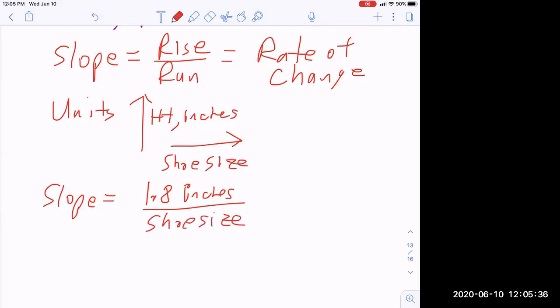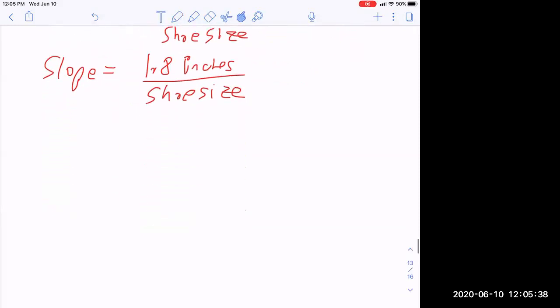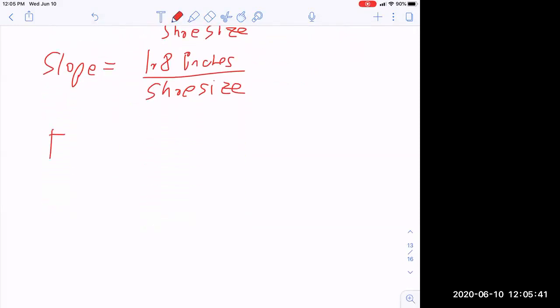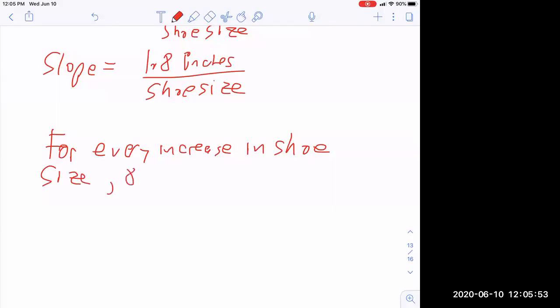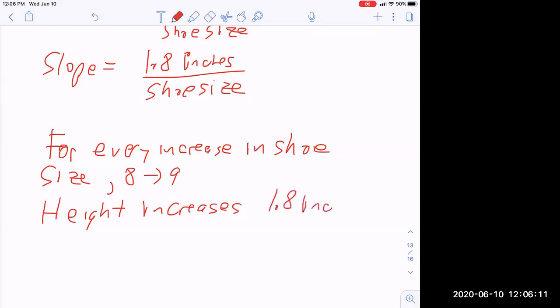What that tells me, and what I want you to know, is that for every increase in shoe size, suppose you go from a size 8 to a size 9, the height increases 1.8 inches.